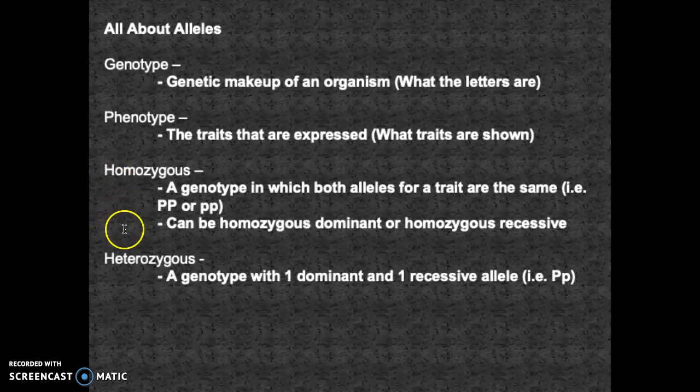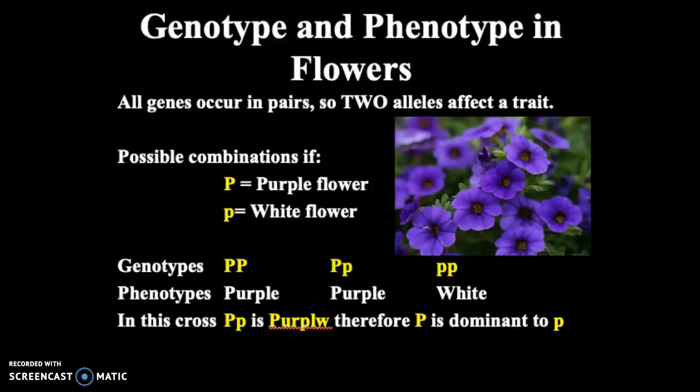These terms, homozygous and heterozygous, are going to come up again and again in this unit, so it's important to know. Homozygous, two of the same genes, either two dominant or two recessive. Heterozygous is when you get one dominant gene and one recessive gene.